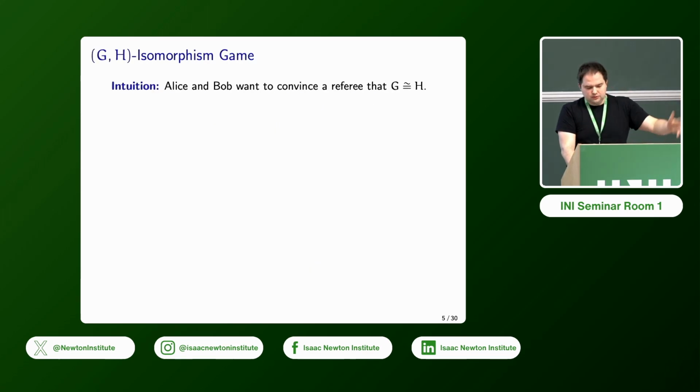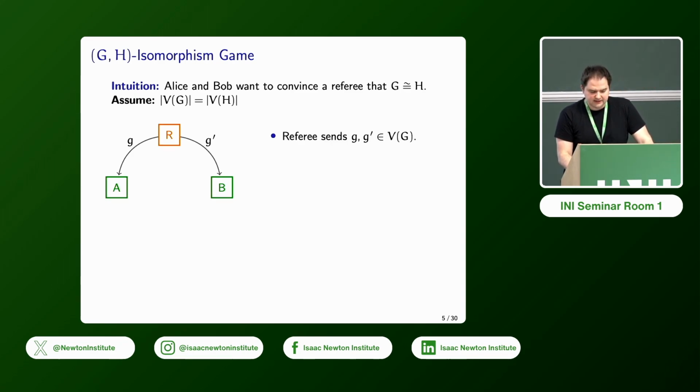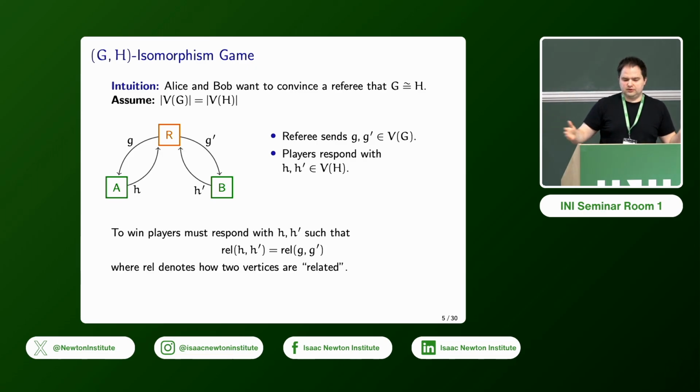So let's go to the graph isomorphism game. We have already seen this, but let's recall. Alice and Bob want to convince a referee that two graphs are isomorphic. We assume that the graphs are of the same size. The referee asks questions, which are vertices G and G prime. Alice and Bob respond with vertices H and H prime.